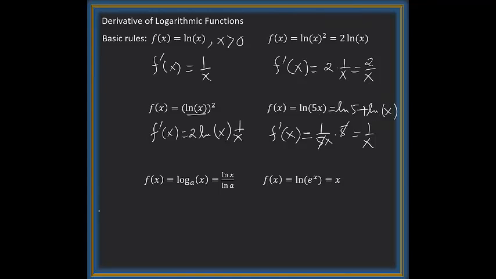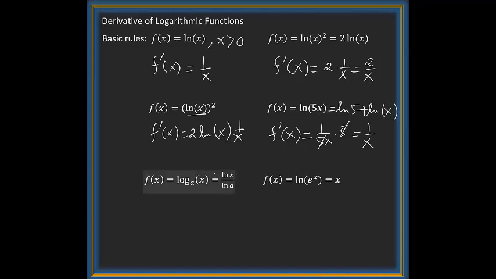I'm going to the next example where your function is log of x base a. Now I have base a, and I do not have a direct formula for that. So what do we do? We change the base. You can write natural log of x over natural log of a, so they are equivalent.